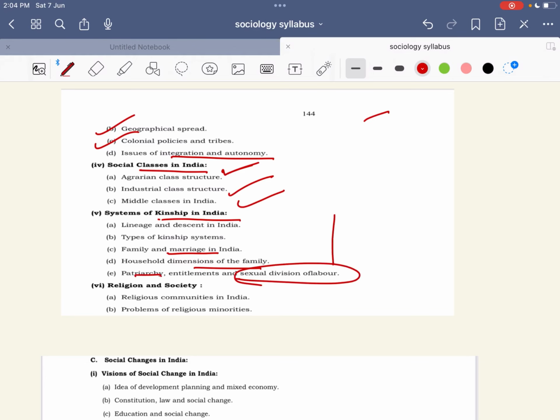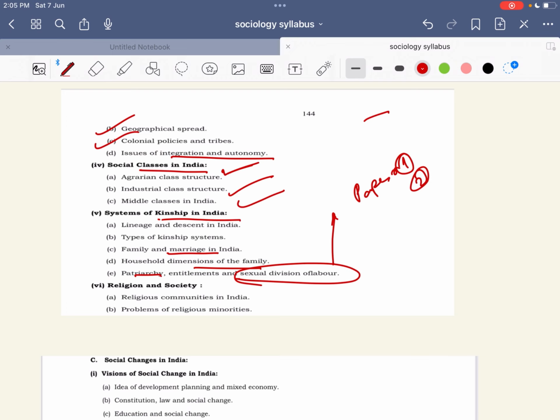See, this topic is common in paper 1 also and paper 2 also. Okay, you see how, if you take sociology as optional, you are at an advantage. Means society, let it be world society, societies in other parts of the world, or let it be Indian society. Society to society, there will be differences, but it will help you.